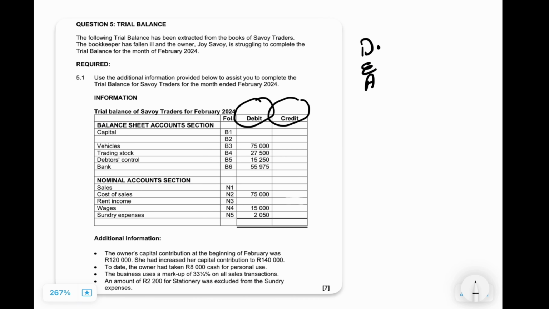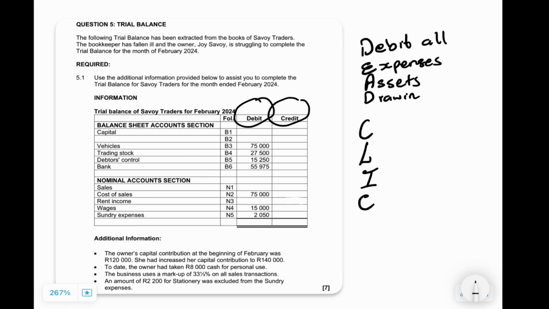DEAD CLIC. The DEAD part says you are going to debit all expenses, all your assets, and all your drawings. And then with the CLIC, you are going to credit all your liabilities, your incomes, and capital.